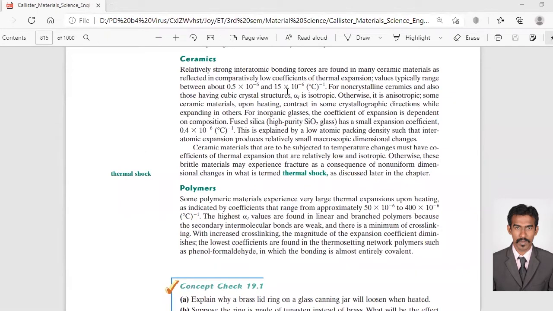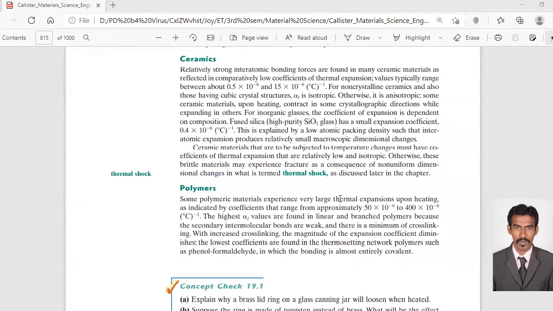Their expansion is not very low, only a little lower compared to metals. Pure silica has a thermal expansion coefficient of 0.4 times 10 to the power minus 6. Ceramic materials that are subjected to temperature changes must have coefficients of thermal expansion that are relatively low and isotropic.